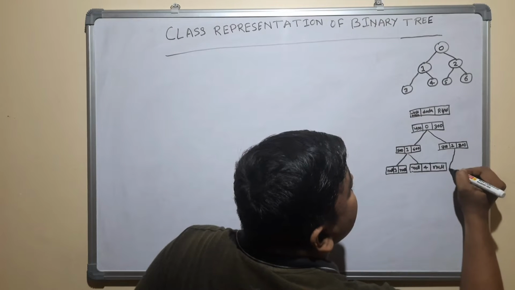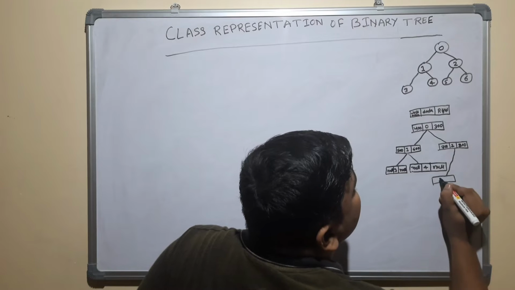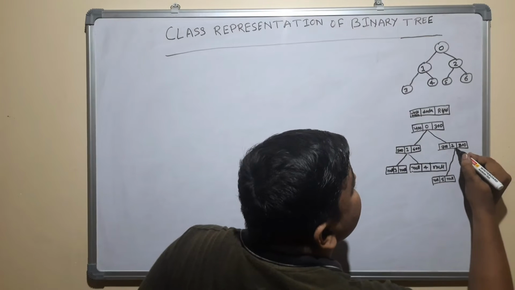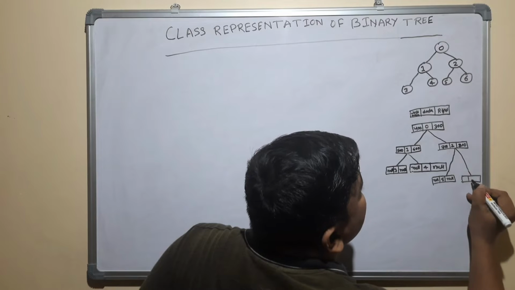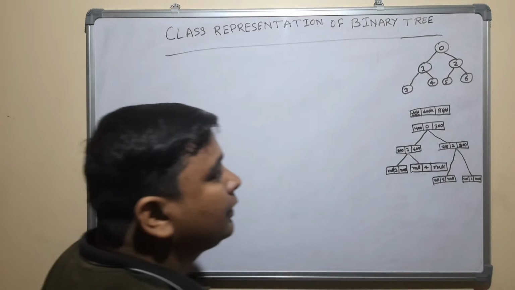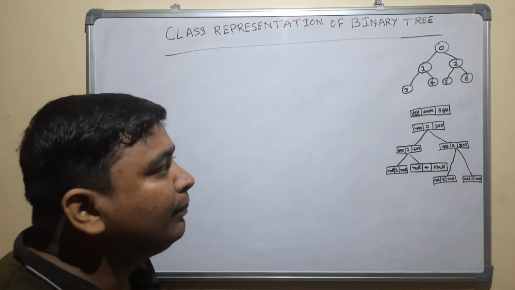Now this will point to 5, and its left and right will be null. So data, and the left and right pointers will be null. In this way we can represent a binary tree.